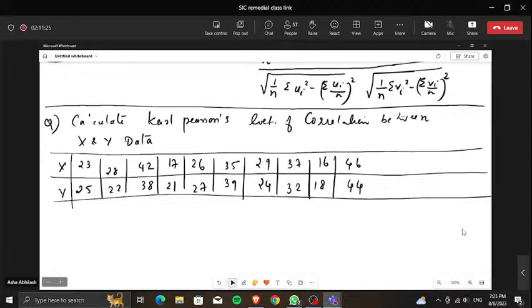If you are using the assumed mean, look at the values.